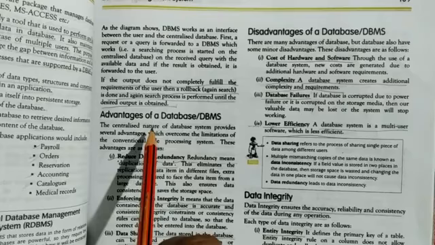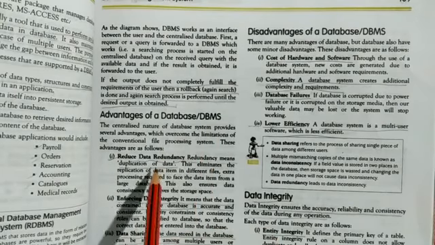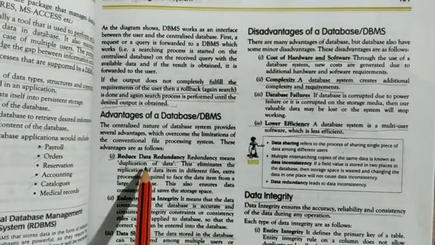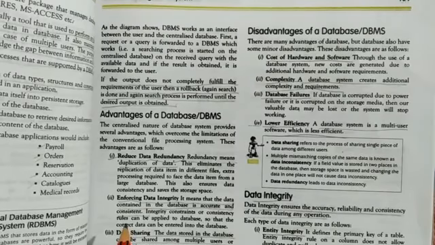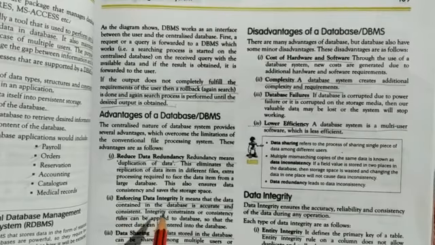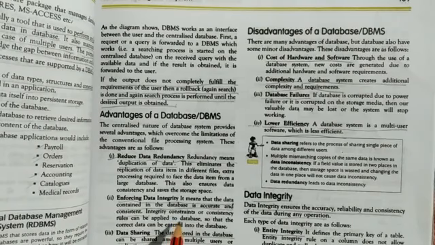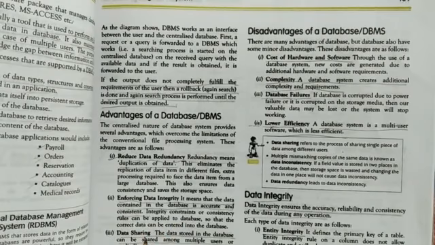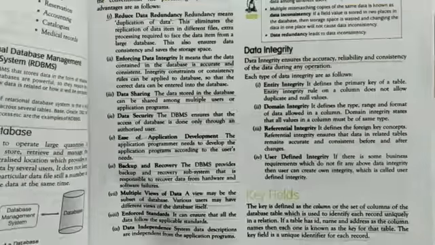Then, advantages of a database management system. Number 1, reduced data redundancy. Redundancy means duplication of data. Second one is enforcing data integrity. Enforcing data integrity means that the data contained in the database is accurate and consistent.